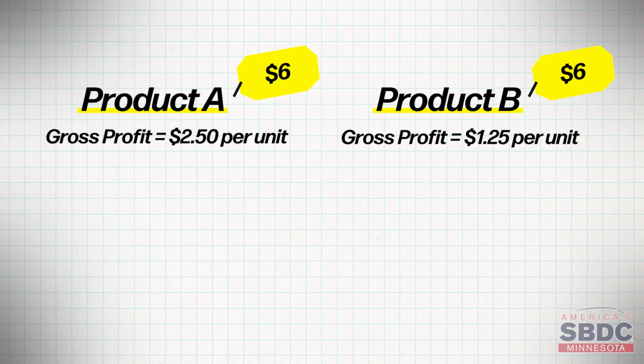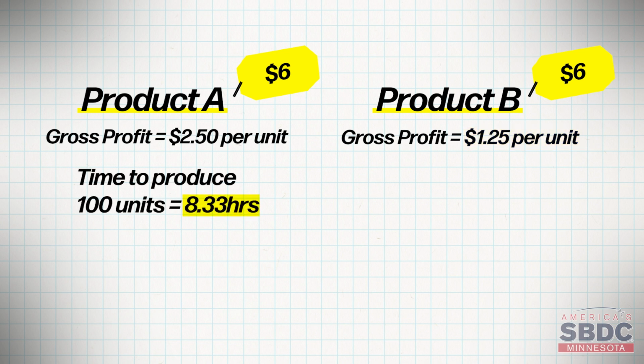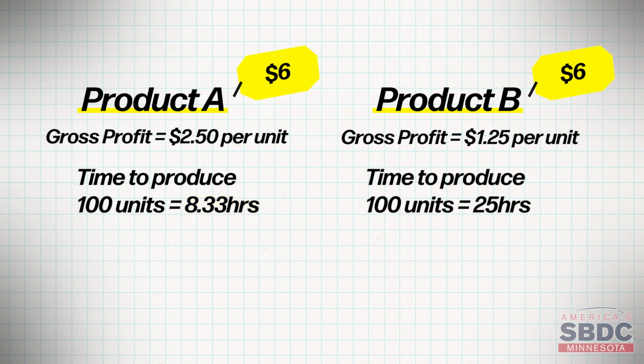If you go beyond the initial calculations here to the number of sales, you'll see that not only is the profitability per unit much lower for product B, but also it would take 8.33 hours to build 100 units of product A, and product B would take 4 times as long at 25 hours to produce the 100 units.